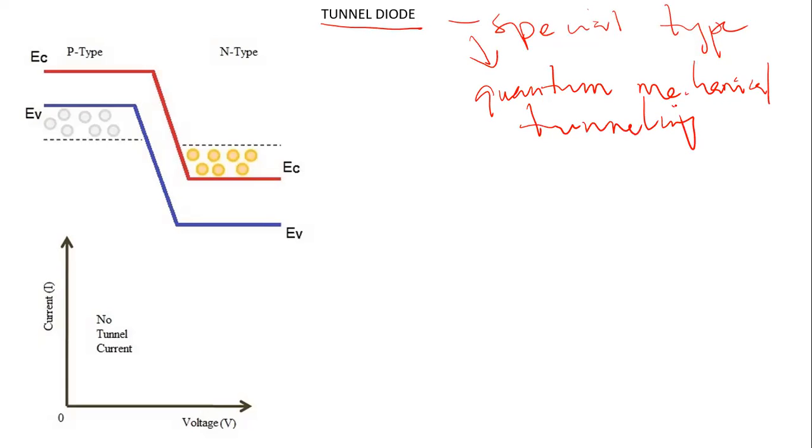Quantum mechanical tunneling is this: in a classical system, suppose you are traveling with a vehicle, and if your vehicle engine can give enough energy, it can climb this.